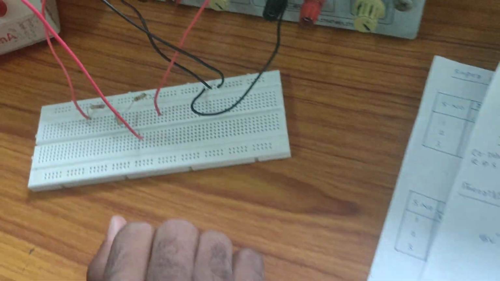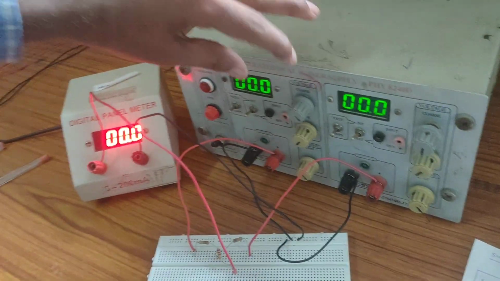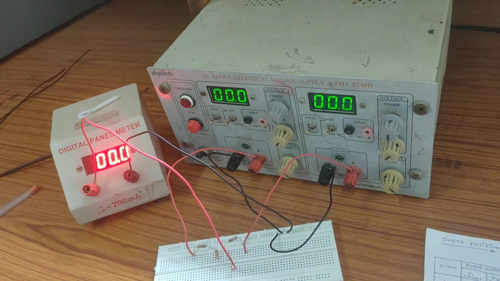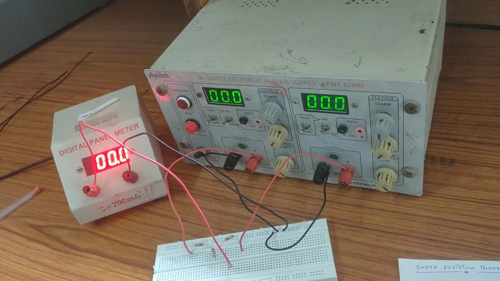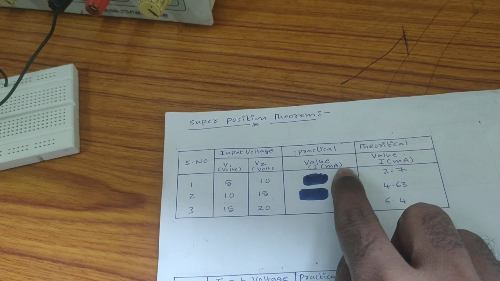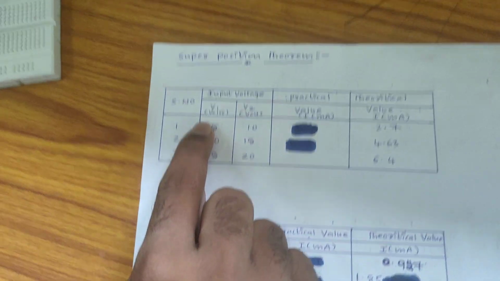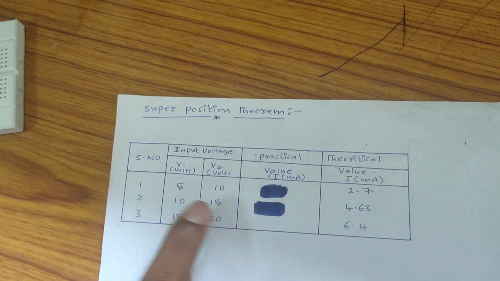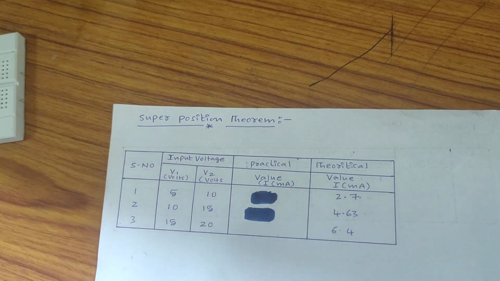Okay, now see here, by varying RPS, see the tabular form. Initially set V1 to 5 volts and V2 to 10 volts. Note down the corresponding current values. First case 5 volts and 10 volts, second case 10 volts and 15 volts, third case 15 and 20 volts.